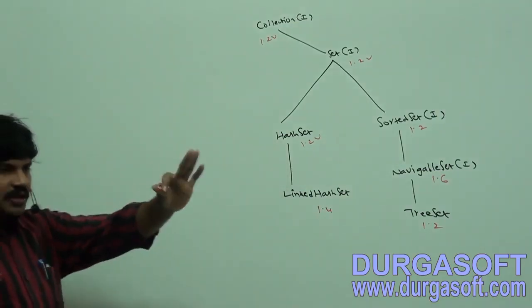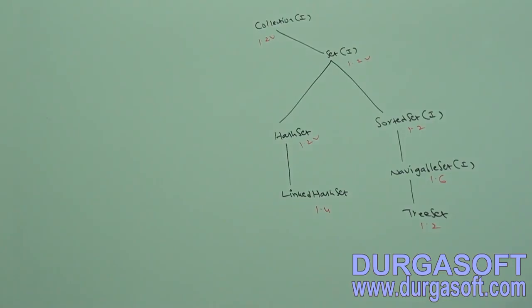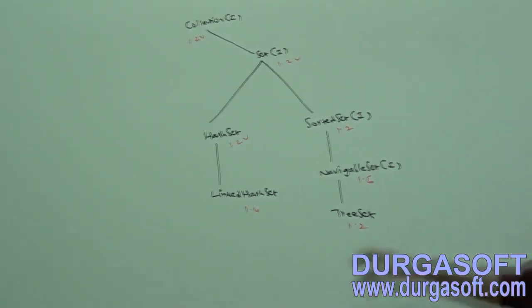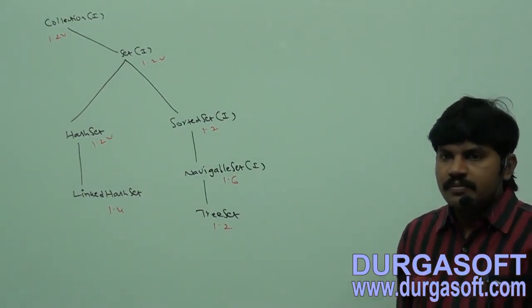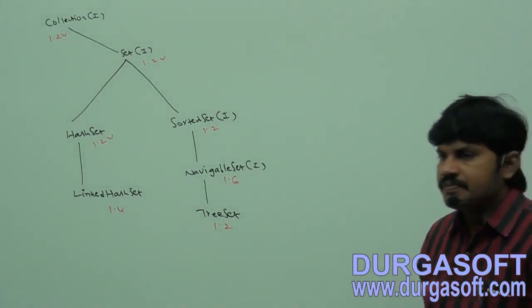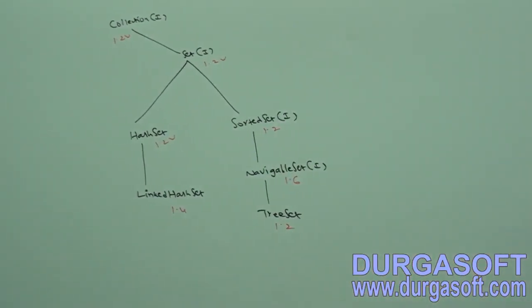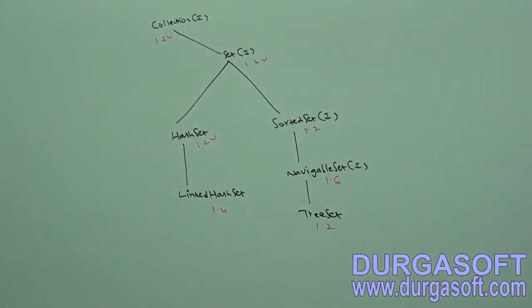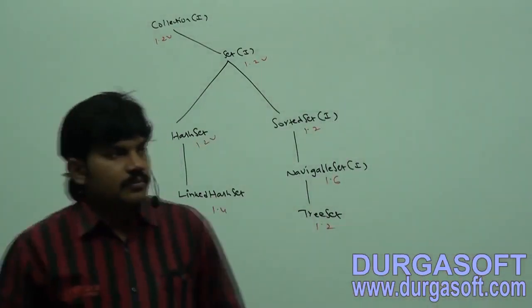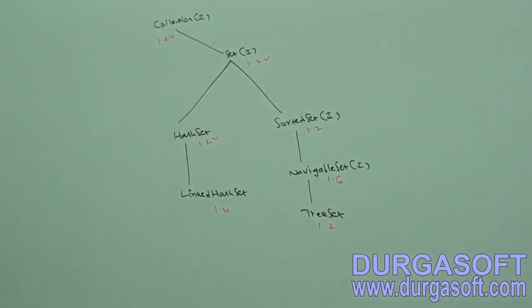First keep the subheading Set. Under Set, better to write all these things. Take this diagram: Collection, Set. Next, HashSet, LinkedHashSet. Next, SortedSet, NavigableSet.